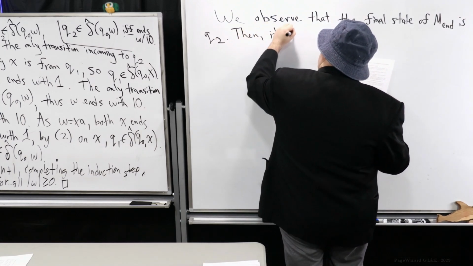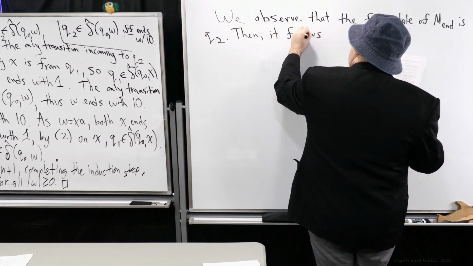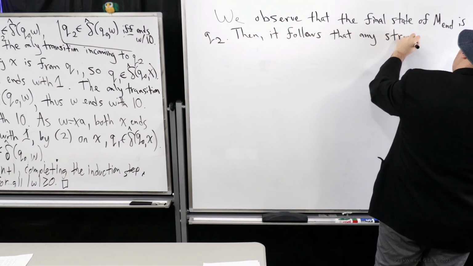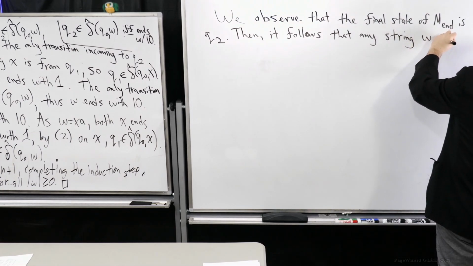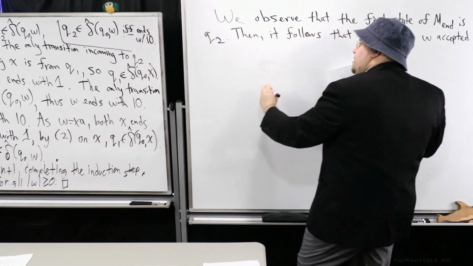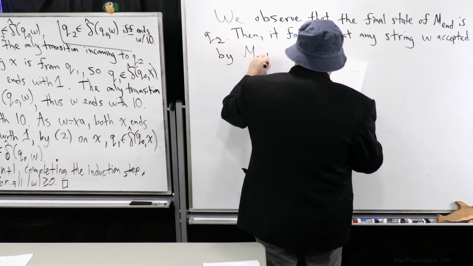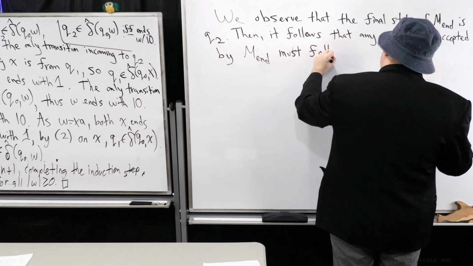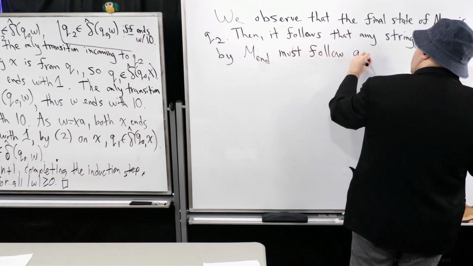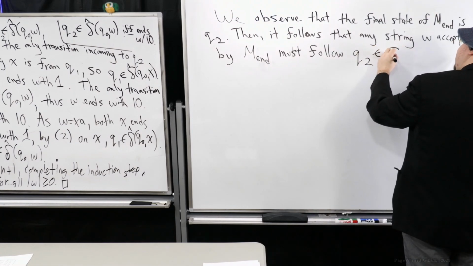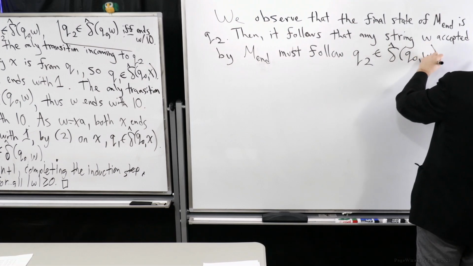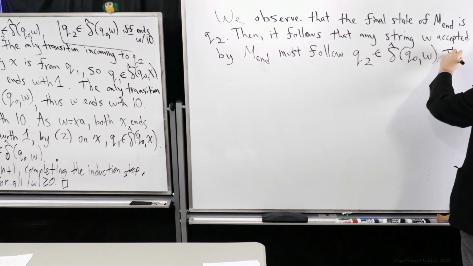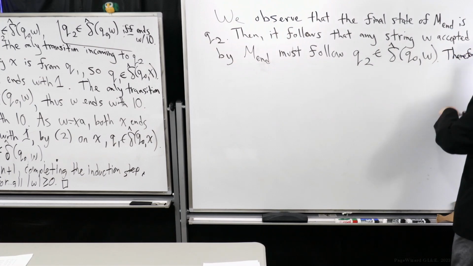Then it follows that any string W accepted by M-end must follow that Q2 is among the set of states upon processing string W. That's what this means, remember. Therefore, what can we say?